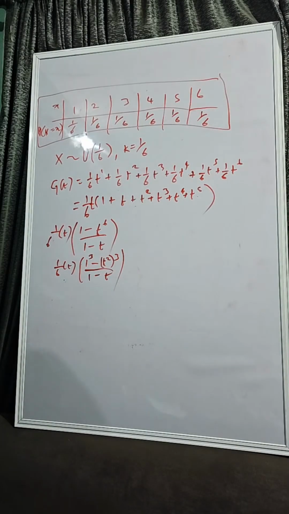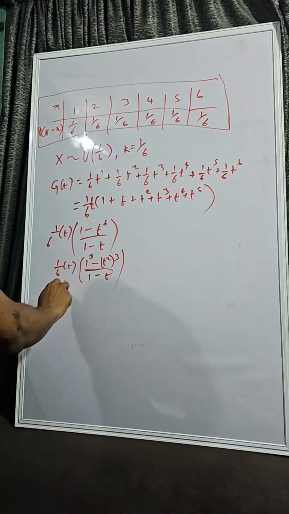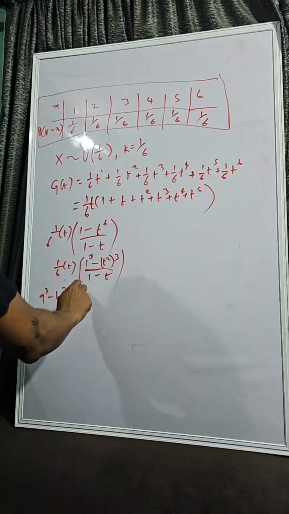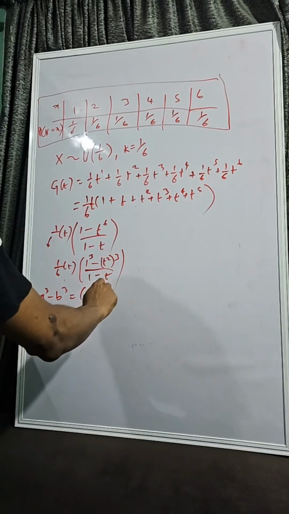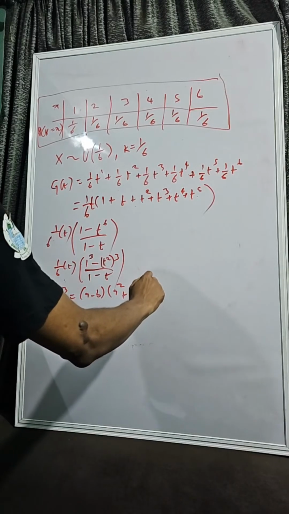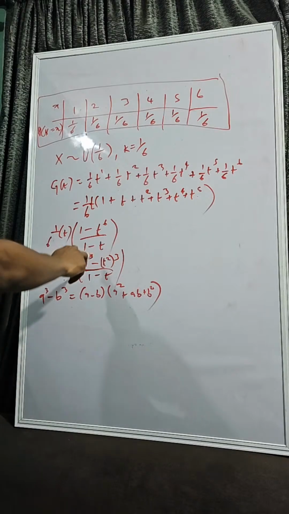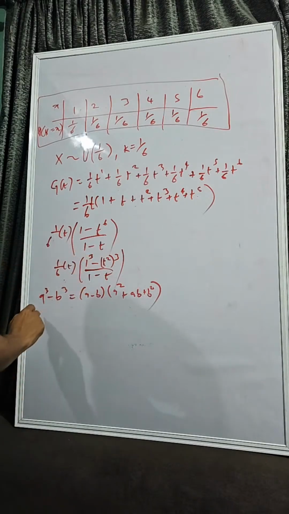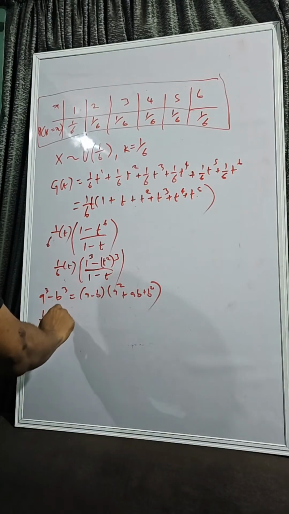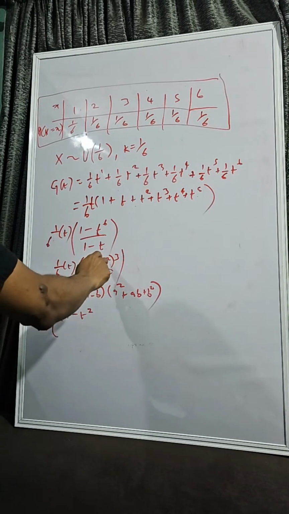Pay attention to what I'm about to do now. From algebra, you know that when you have a raised power 3 minus b raised power 3, this will give you what? A minus b times a squared plus ab plus b squared, true or false? So if we are to rewrite this in this form, what is it going to give us? We're going to have 1 over 6t times 1 minus t squared, because in this case our b is t squared.